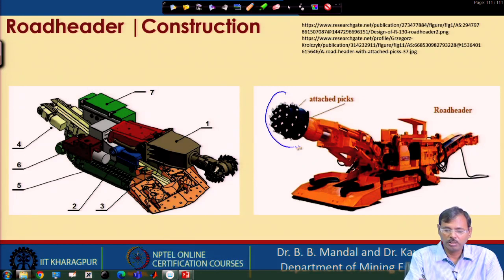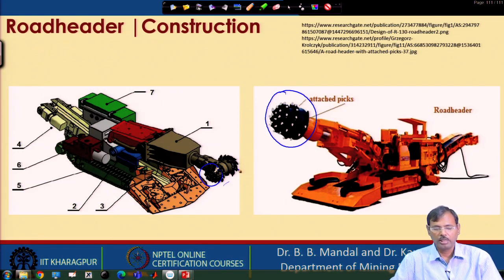This is called milling type road header, where this boom is rotating and the cutting picks are attacking the rock and dislodging it, and here it is a ripping type where the boom is rotating and attacking the rock in its front, and that is excavating or dislodging the rock.